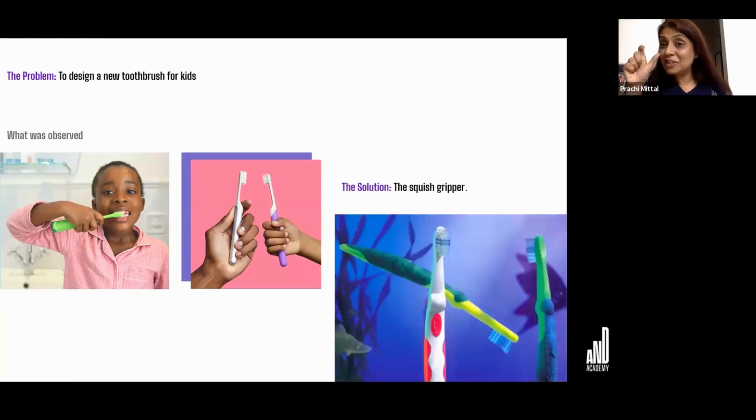So it's a material which is not hard, it's squishy. Its form is also such. This form has not been given to attract children, or make it attractive for the children, but it has been done to help them grip it better, right? And to help them maneuver the brush into the interiors of their mouth, right?